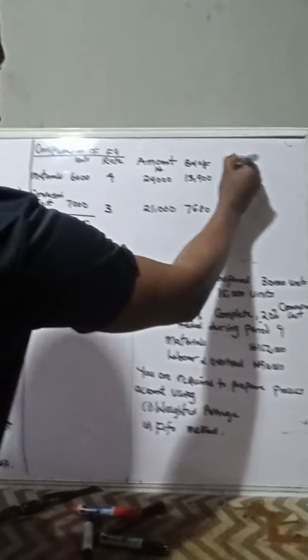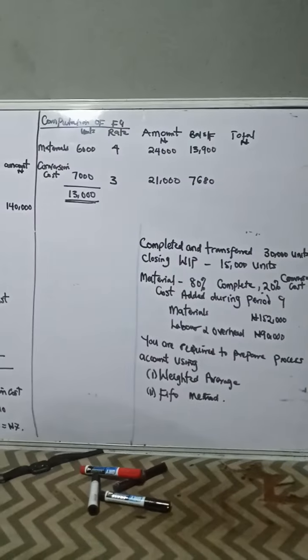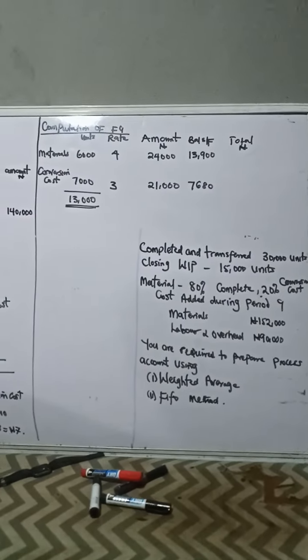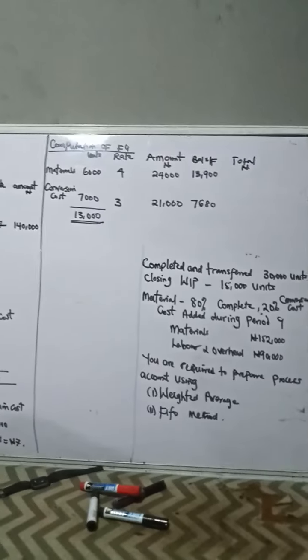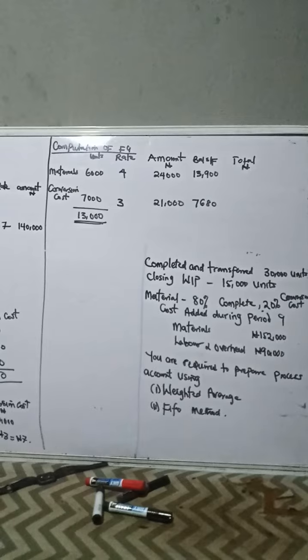So here will now be my total. We have 24,000 plus 13,900, which gives me 37,900.